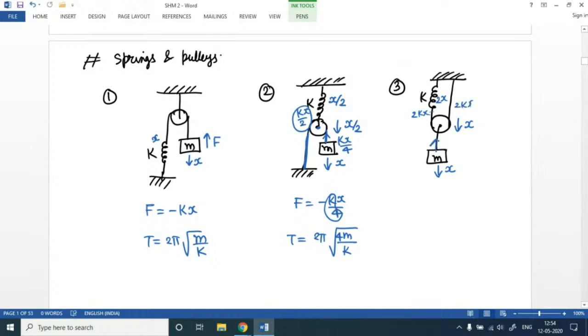So this restoring force would be nothing but 4kx. So F equals minus 4kx, you can write. The time period would be nothing but 2 pi root under m, and in place of k you can write 4k. So these would be the time periods in these three simple cases.